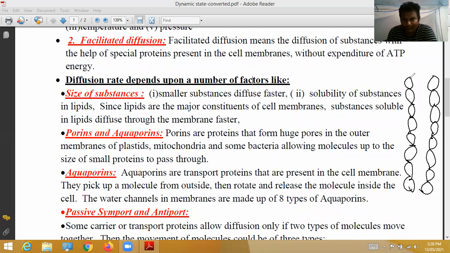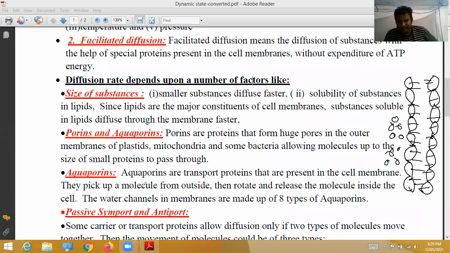Outside the cell, there are 8 different types of aquaporins. Aquaporins are the transport proteins. These are all called aquaporins. These are transport proteins that are present in the cell membrane.